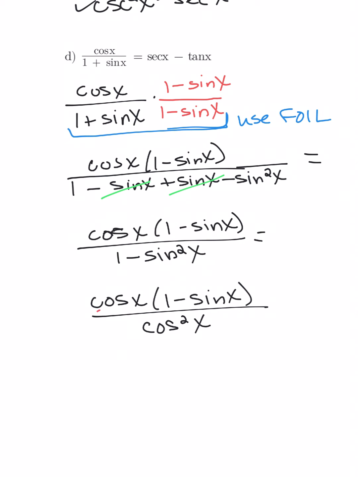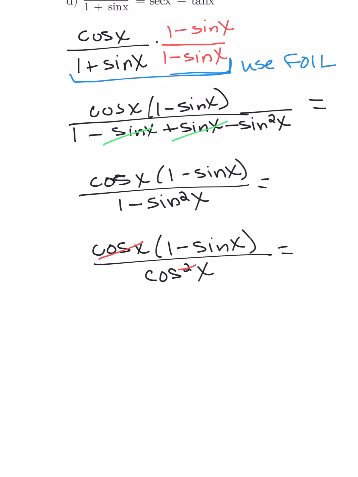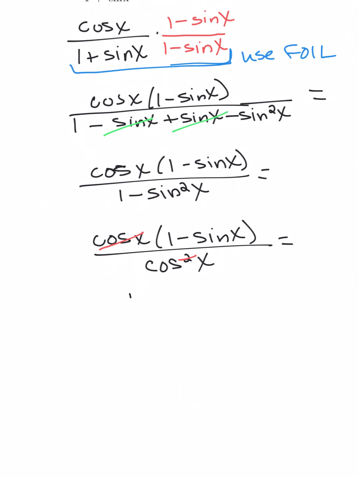I'm going to take out the one that's on top and one of the two that's in the denominator. So now I have 1 minus sine of x over cosine of x. Again, we're falling back on fraction rules.